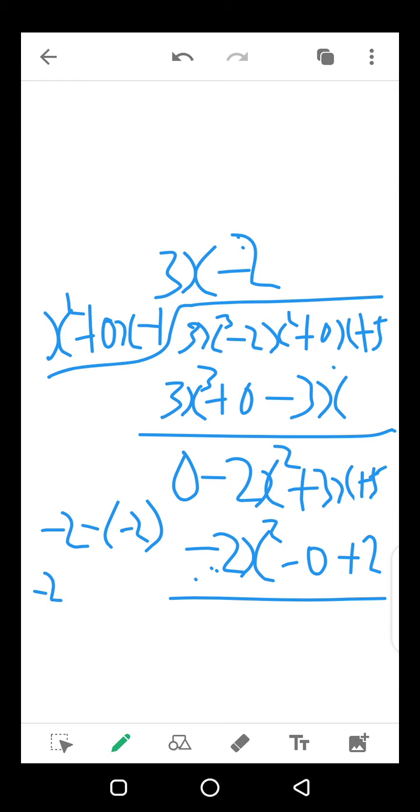Minus times minus is plus, plus 2, which is equal to 0. So this becomes 0. 3x minus 0, this will give us plus 3x. Anything minus 0 is the same value. Now this becomes 5 minus 2, which is 3, plus 3.